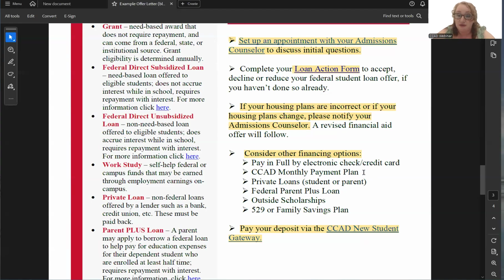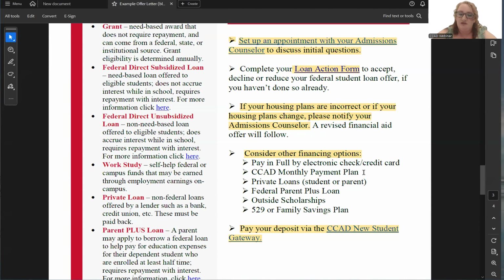It is going to split up that yearly amount into 10 payments, okay? So you will owe $2,000 at the beginning of each month, okay? That makes it a little more attainable for people. So it's a good option if you would like to sign up for that.